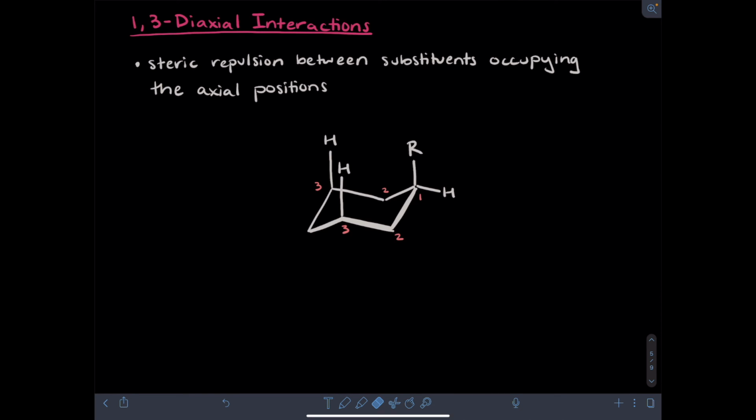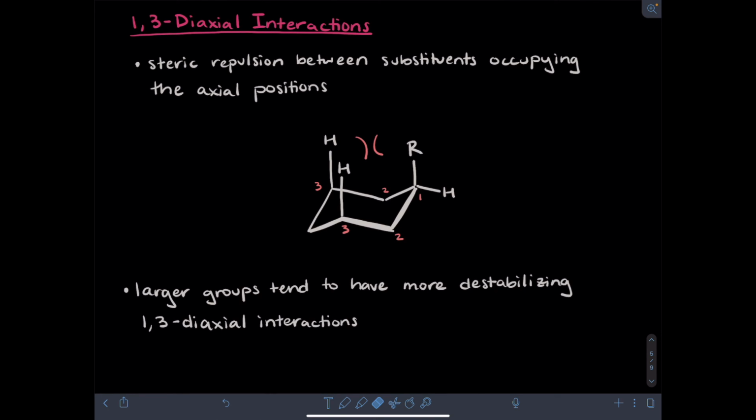Notice that relative to the carbon with the R group on it, these hydrogens are at the 3 position. These hydrogens are close in space to the R group, and there are steric repulsions between them. You could imagine that the larger the R group becomes, the less stable this conformation would be. And your molecule would have a greater preference for the equatorial conformation in those cases.